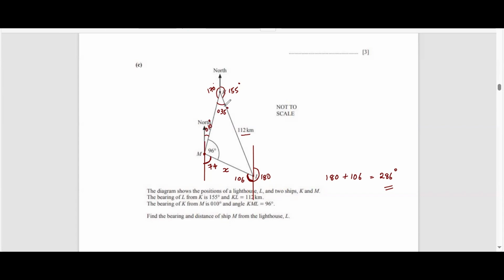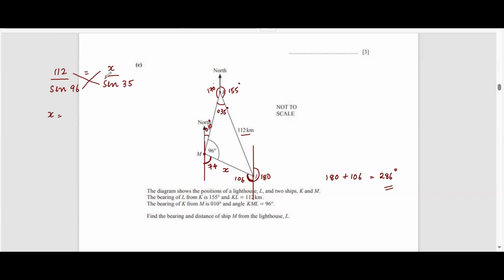Now I can use the sine rule to find the missing side. 35 degrees is opposite the side we need to find out. 96 degrees, we know the opposite side, that is 112. So 112 over sine 96 is equal to X over sine 35 degrees. Two fractions equal to each other, you cross multiply them.